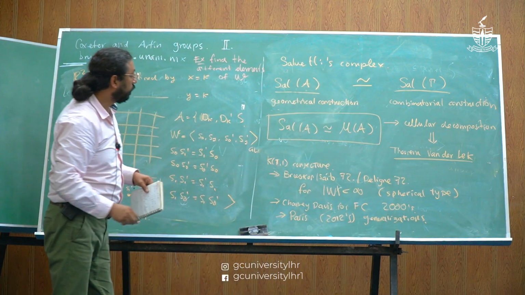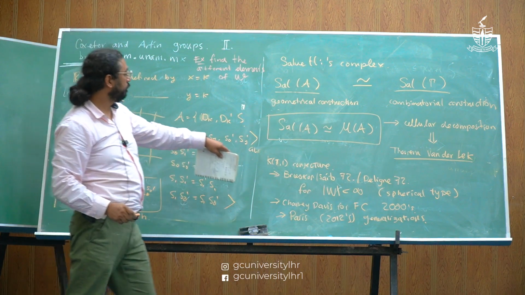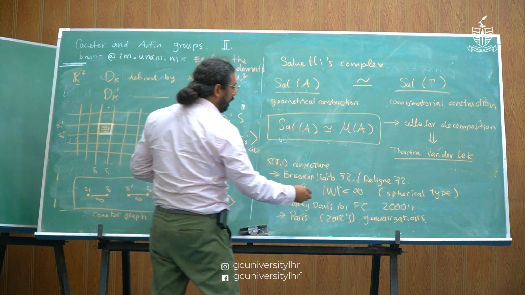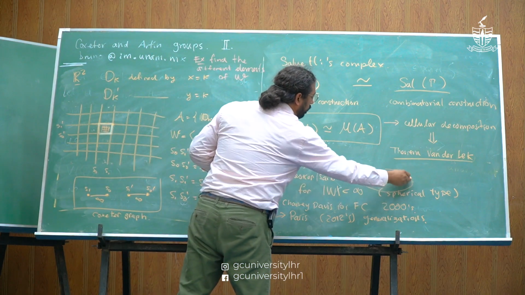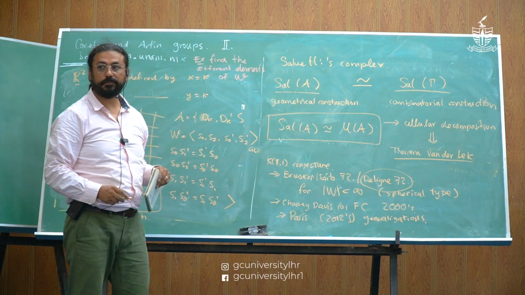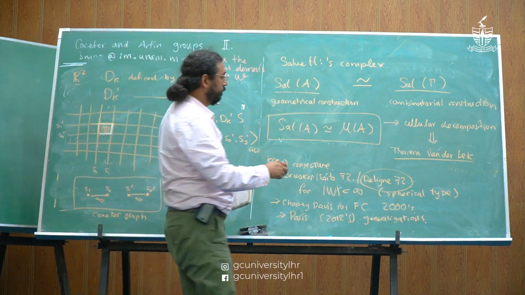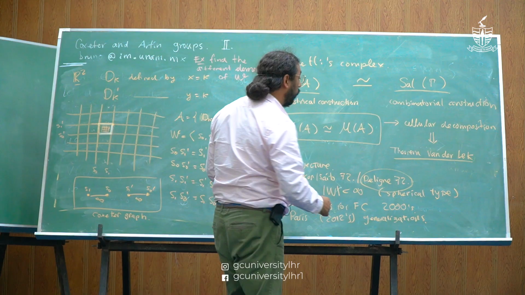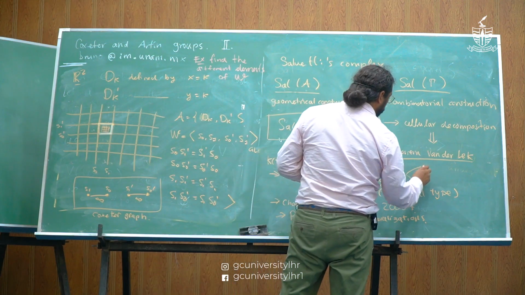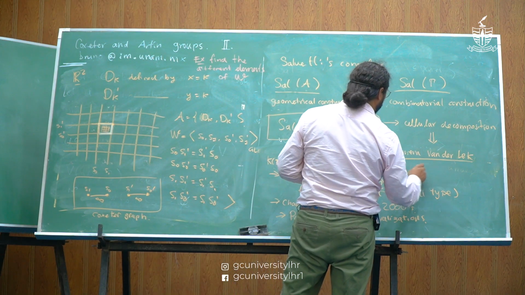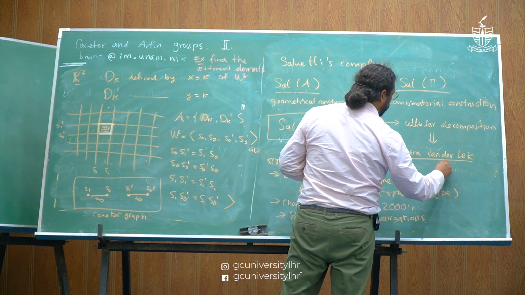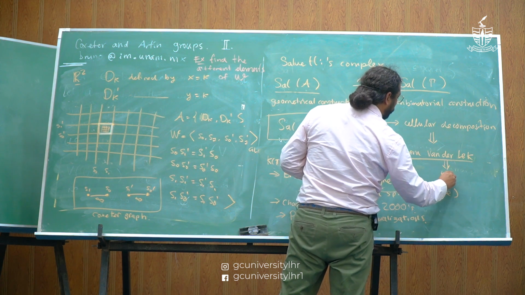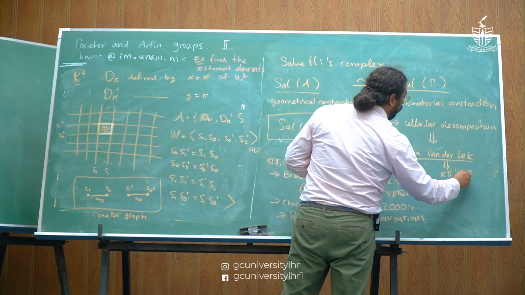Okay, so what we will do is to recover this demonstration, but in a modern way. We will have the K(π,1) conjecture for spherical type.